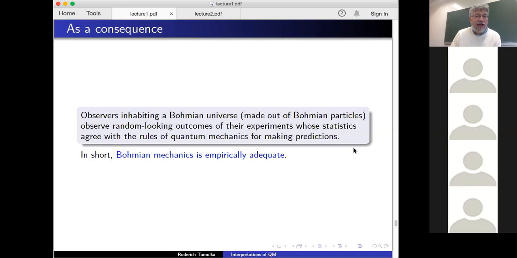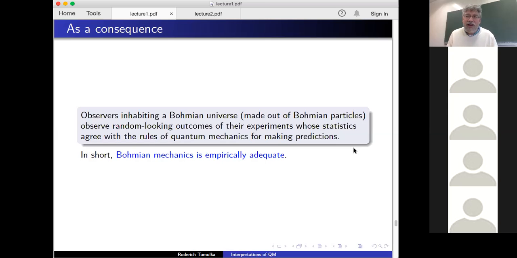Or, as I wrote it here, observers inhabiting a Bohmian universe, which is a hypothetical universe governed by the laws of Bohmian mechanics, and these observers are, of course, themselves made out of Bohmian particles, observe random looking outcomes of their experiments whose statistics agree with the rules of quantum mechanics for making predictions. In short, Bohmian mechanics is empirically adequate.